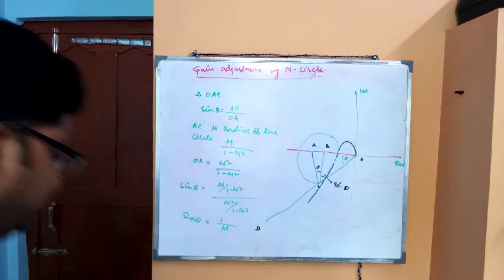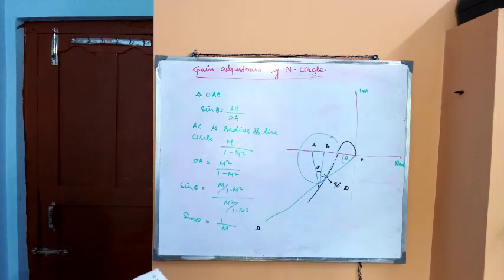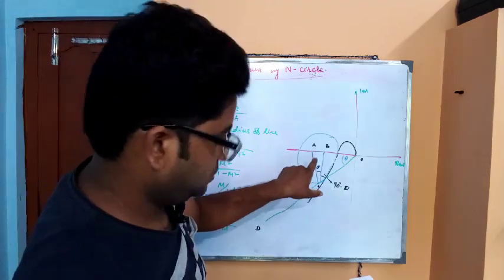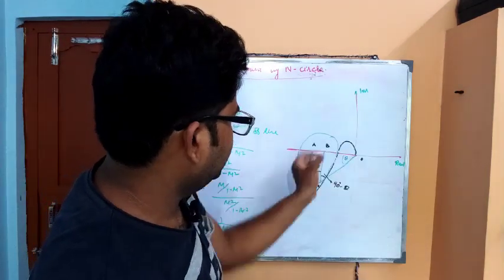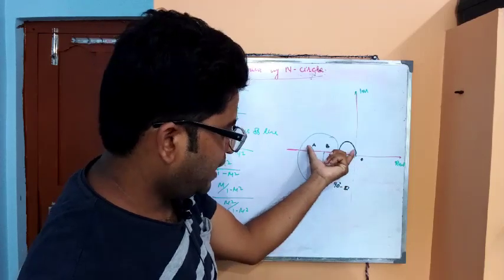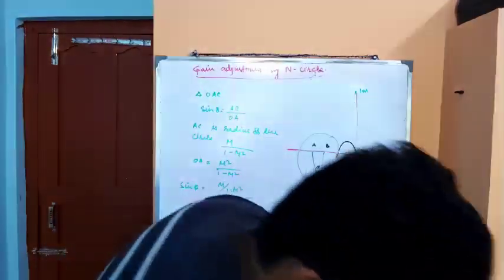Okay. And now here OB is equal to OA minus AB. That means OB is equal to OA minus AB. Okay.